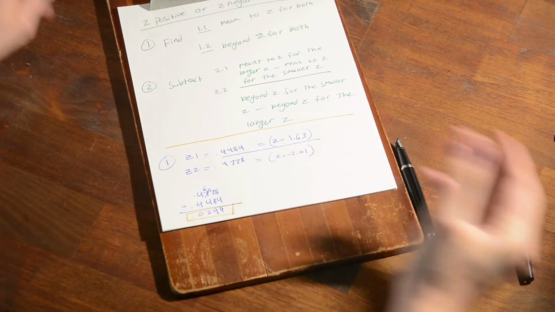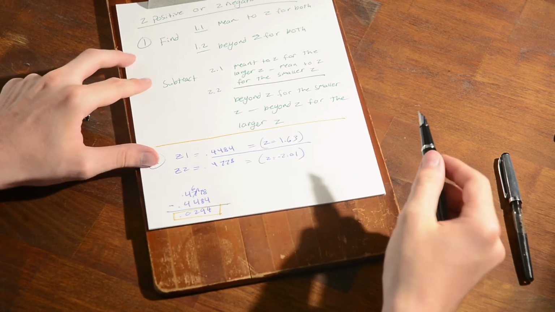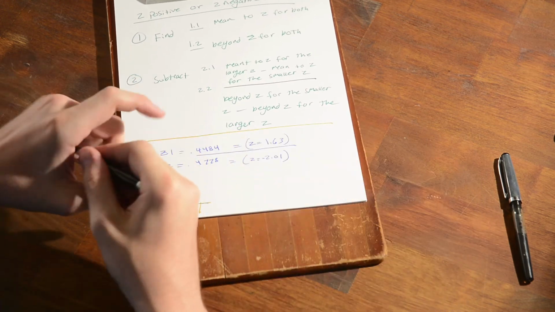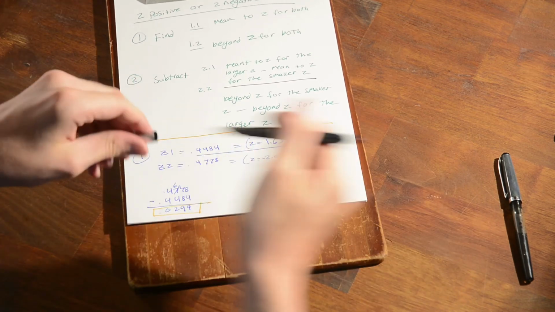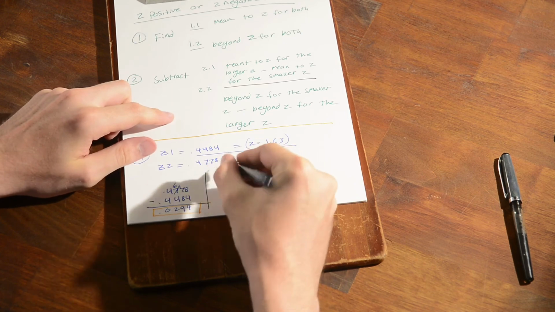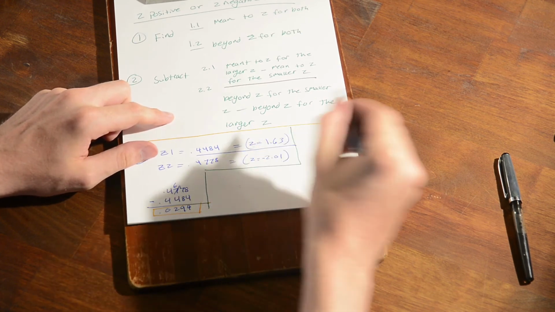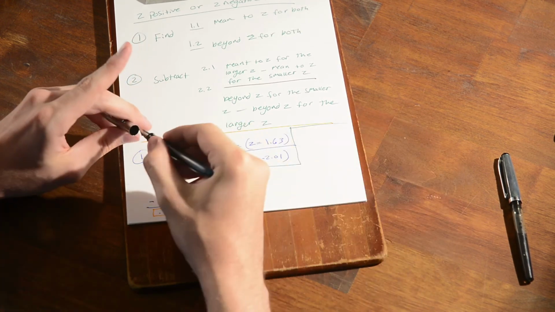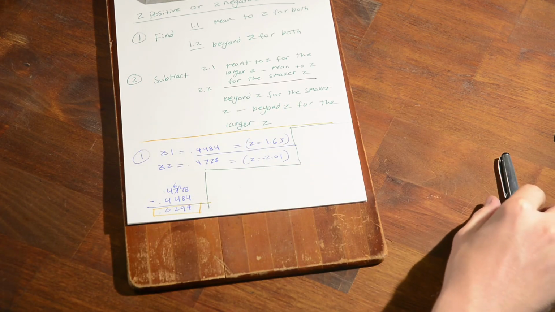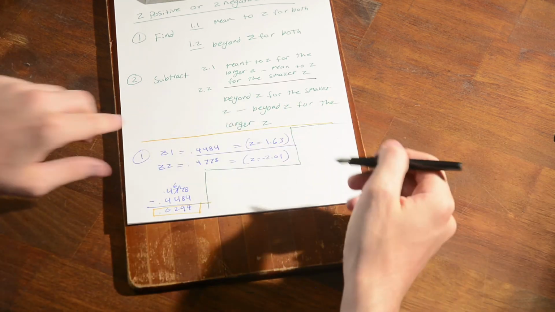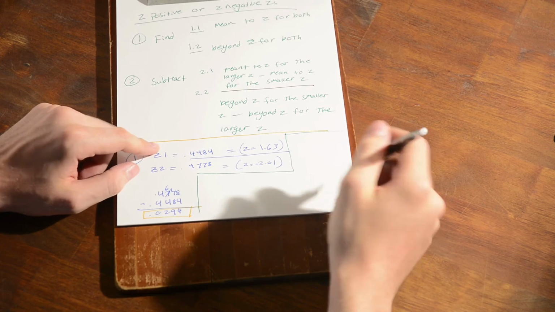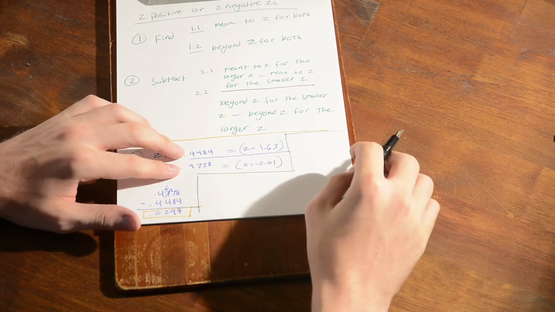Now, you might be interested in seeing this for the other version. Well, we can do that. We can go beyond z instead. Just draw some lines here, rack off this space, and we'll use black. So we can find our beyond z in two different ways.